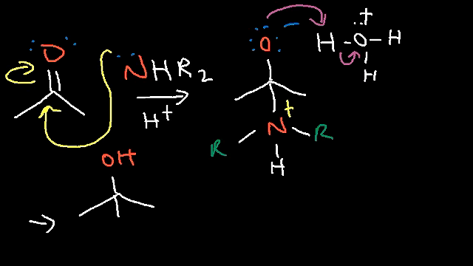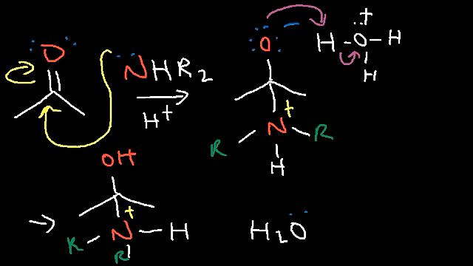So now that we have water, let's use it to remove the hydrogen that's attached to the nitrogen. So now that water is back into its H3O plus form, let's transfer hydrogen onto the OH group. So as you can see, the steps are very similar.